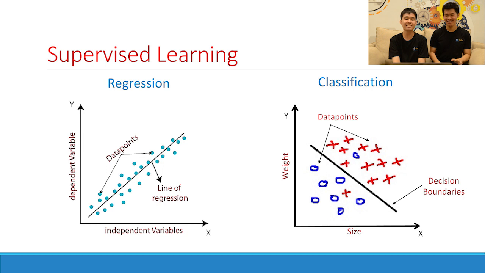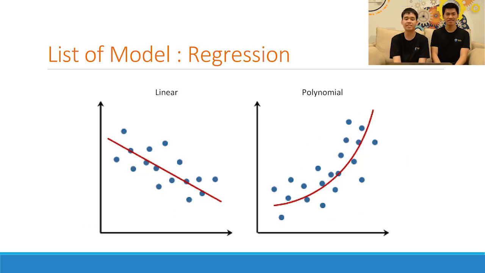Okay, so in this slide, we will introduce you to regression. An example for regression is to predict the value of stock prices, because the stock price is a real number. One of the models for regression is linear regression, which is the one to the left. It simply finds a straight line that minimizes the distance between the red line and the blue dots.